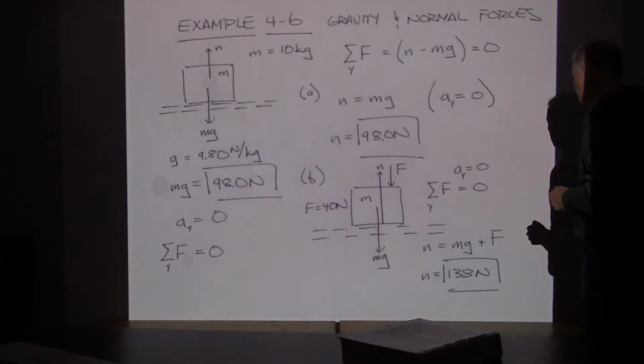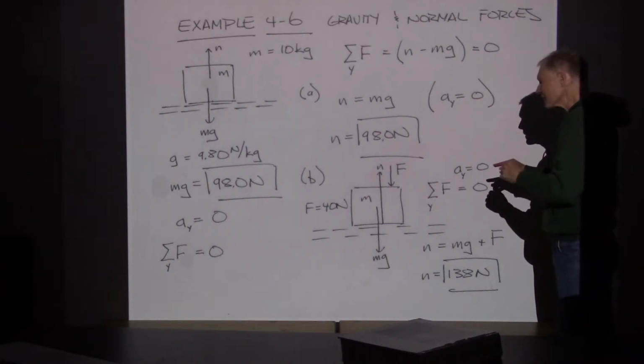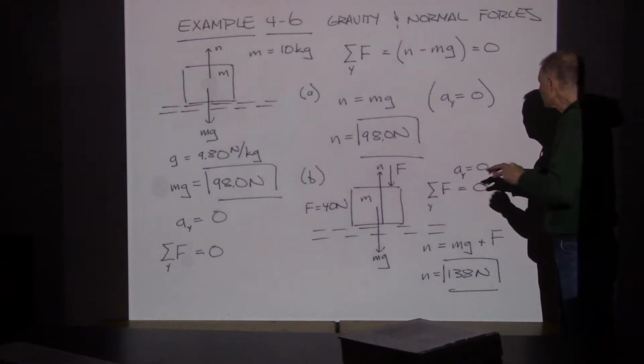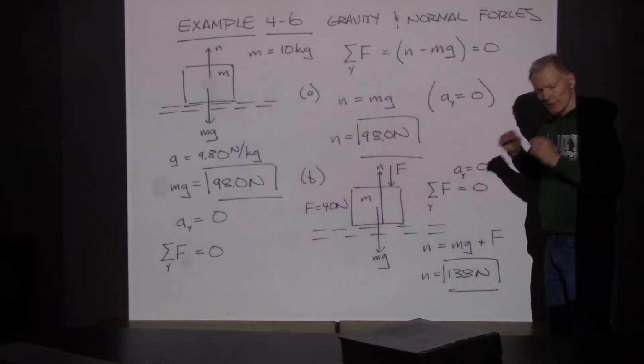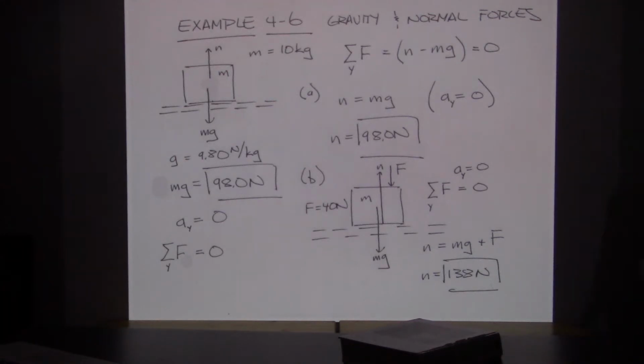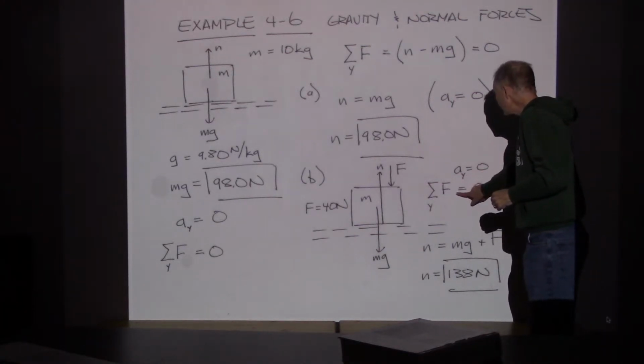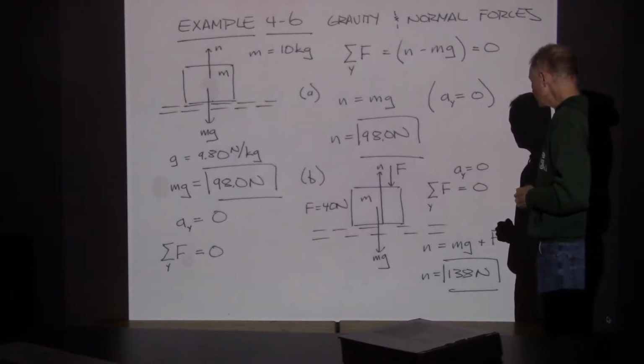Now, in this case, the box is going to stay with no acceleration. It's going to stay at rest, and more than just being at rest, it's going to stay at constant velocity, which says there will not be an acceleration. So in this case also, the net force needs to be equal to 0.